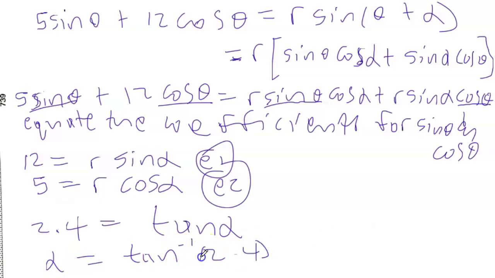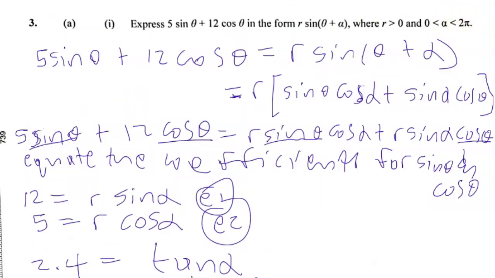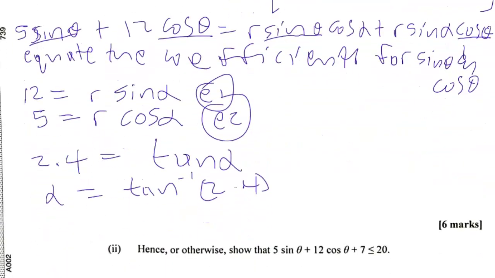We're asked to put alpha in radians, between 0 and 2 pi, so put your calculator in radian mode. Using 2 decimal places, that's 1.18 radians, which means that's alpha.